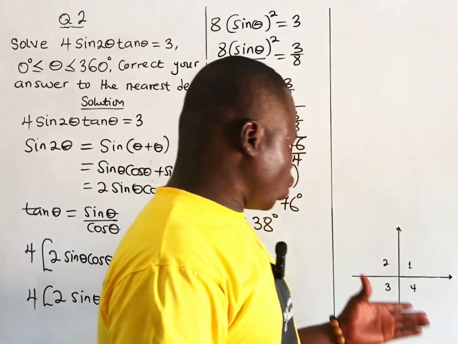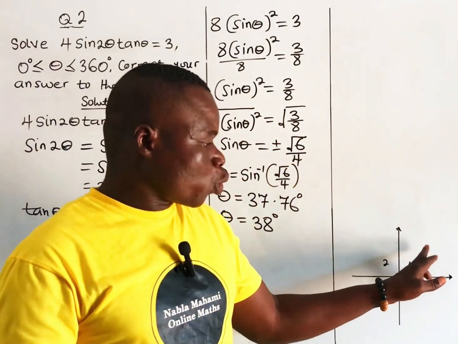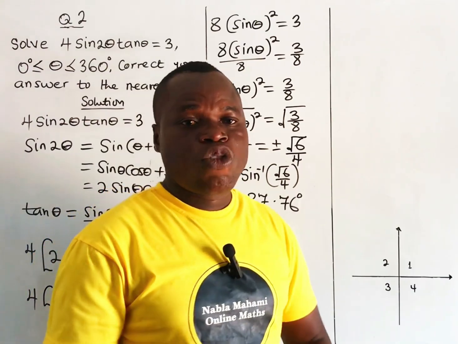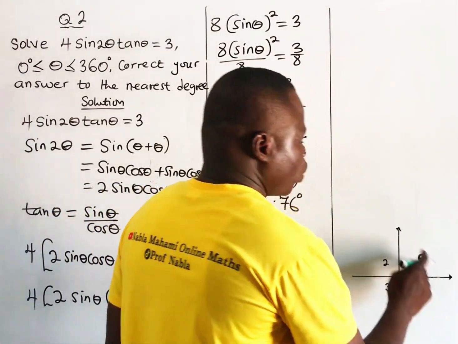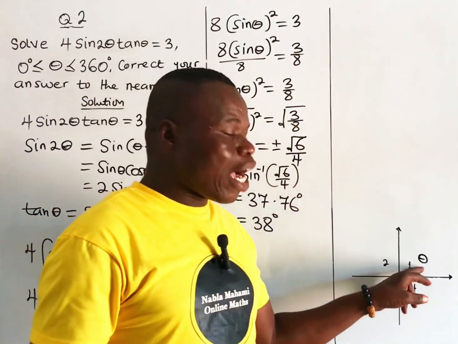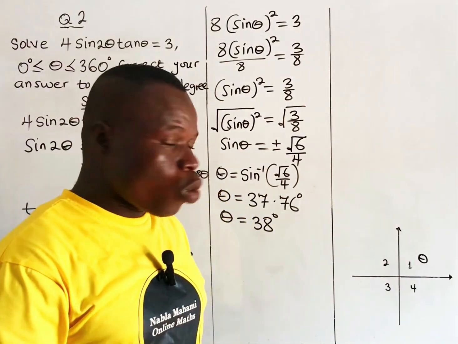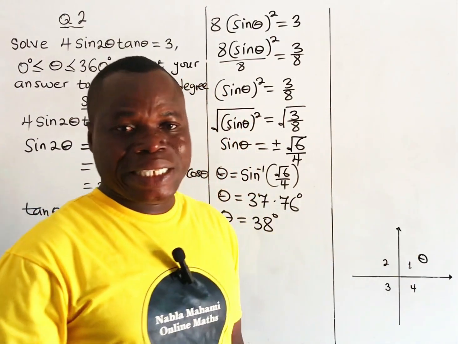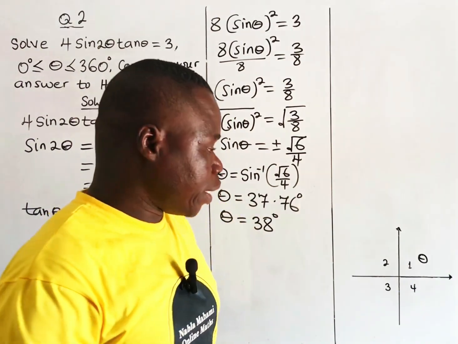So you now sketch your Cartesian plane. This portion is the first quadrant, this is the second quadrant, this is the third quadrant, and this is the fourth quadrant. In the first quadrant, the acute angle theta is 38 degrees. Then we go to the second quadrant and calculate the other angles, because the whole of this is 360 and we want the range between 0 and 360.